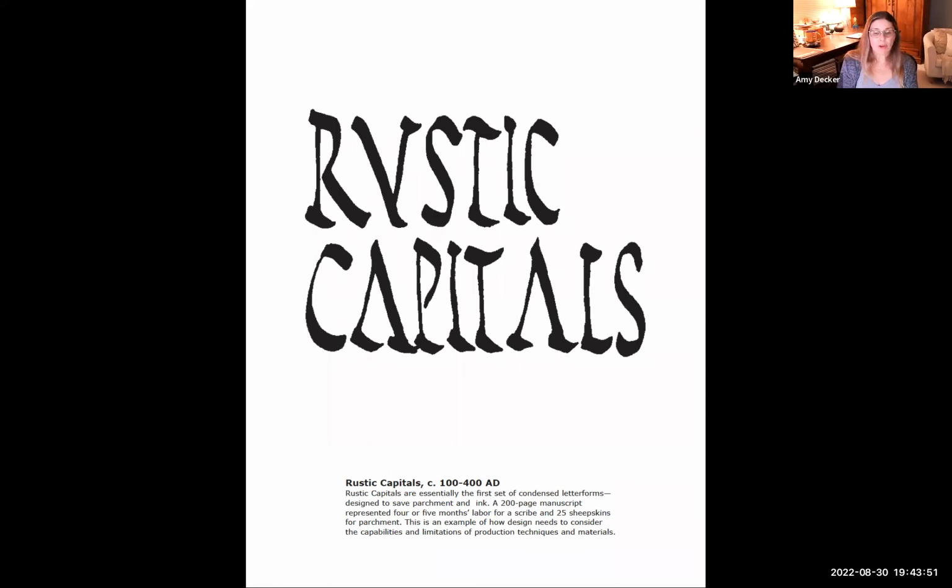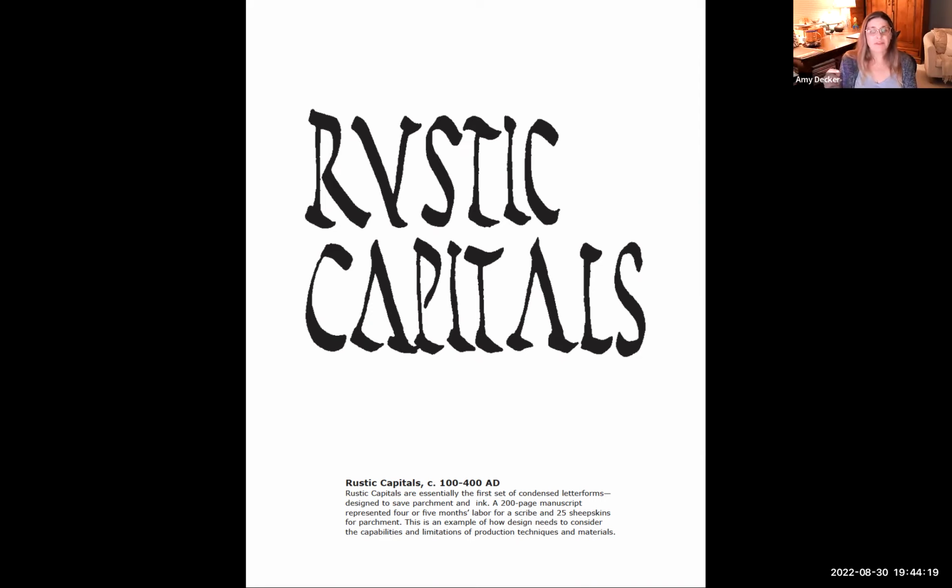Rustic capitals came along at the same time because it's essentially the first set of what we call condensed letter forms. Notice how thin and kind of squished they look. Why would that be important? Well, a 200-page manuscript, these were all handwritten by scribes. They would take about 4 or 5 months of labor to scribe an entire book.